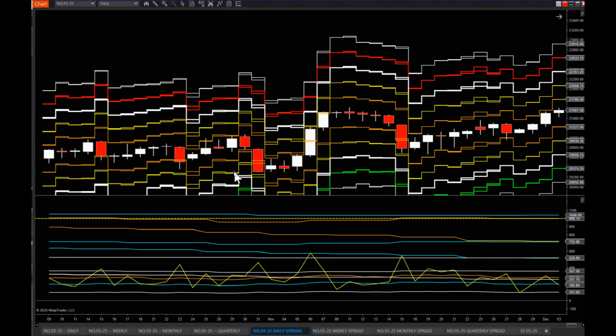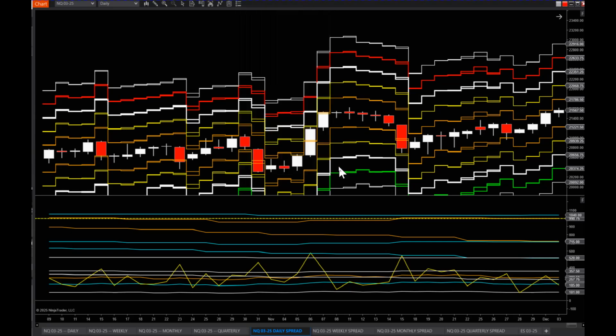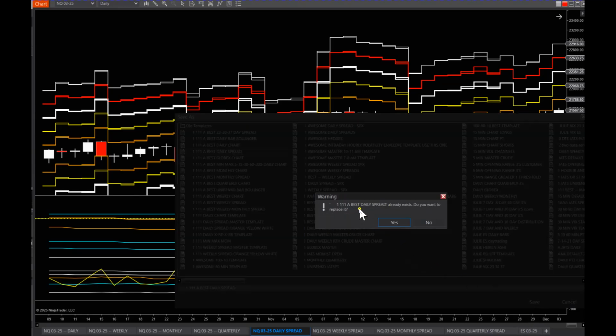So I'm going to save this as a template. So if you would like this template, you don't have to spend the time and energy putting it together. I've just done it, and I will be glad. Here's my daily spread. Just hit me up, and I'll be glad to give you a copy of it.